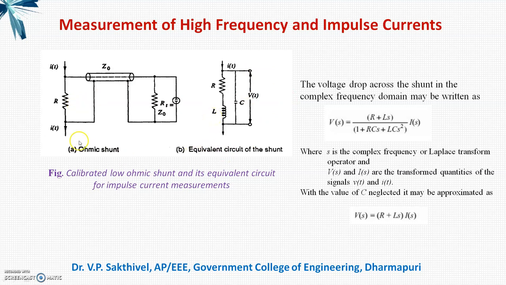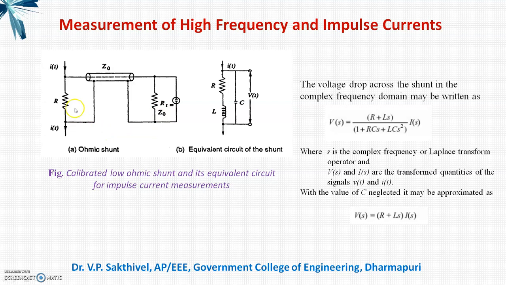Okay, the current through the resistance R produces a voltage drop V equal to I of t into R. The voltage signal generated is transmitted to the CRO through a coaxial cable of surge impedance Z0.